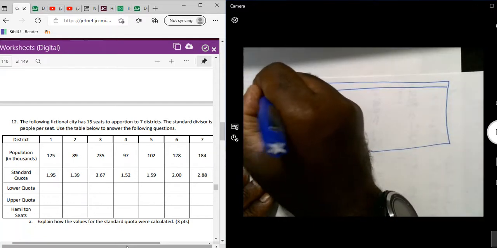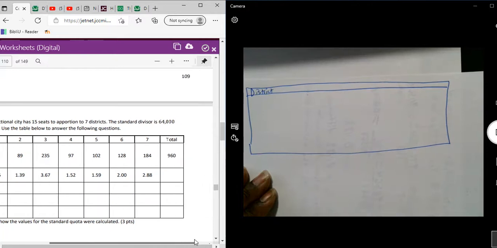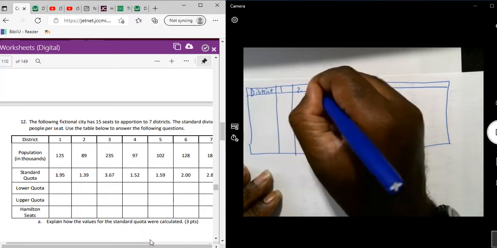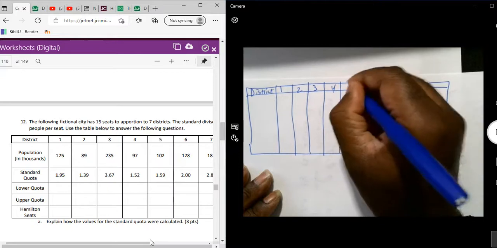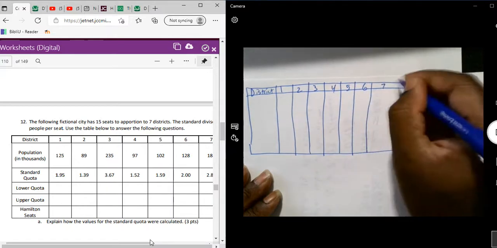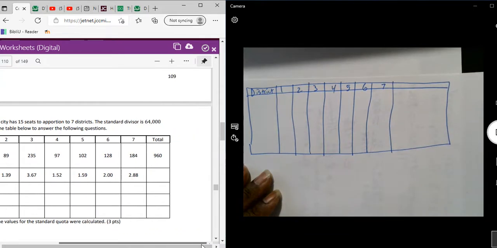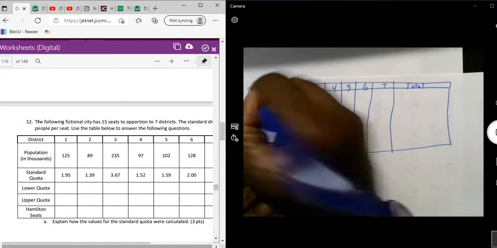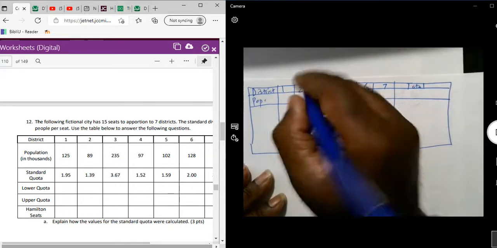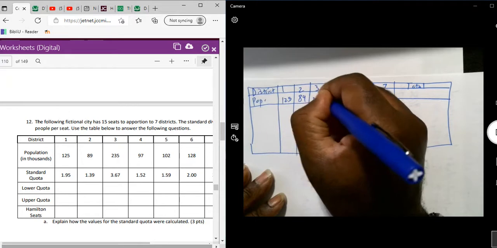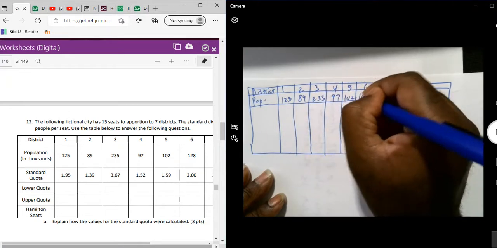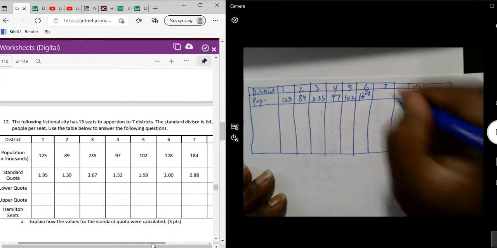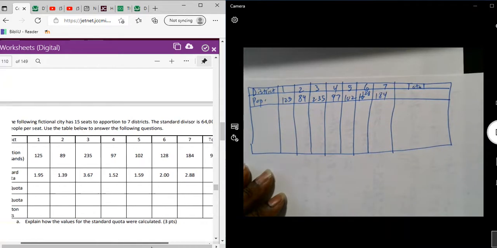We had districts 1 to 7, and then the total. Now we have the population: 125, 89, 235, 97, 102, 128, 184, and the total is 960.